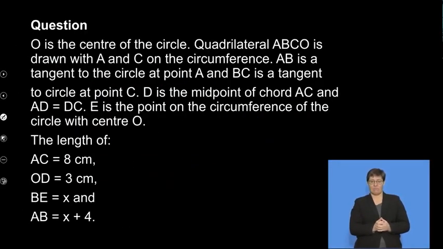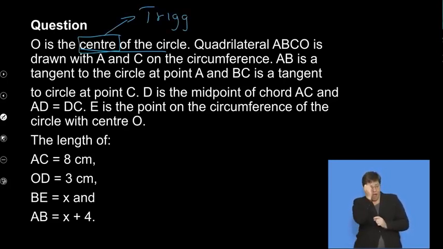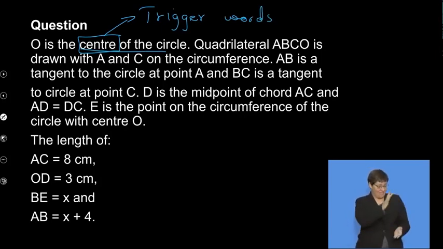So the question says O is the center of the circle. Remember, I did tell you the points that you can think about based on a center. By the way, we normally call these trigger words, meaning that they trigger some theorems that are implied yet not really said.